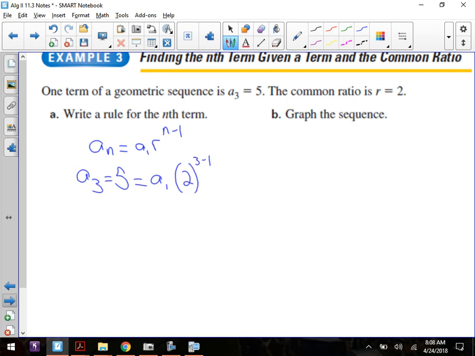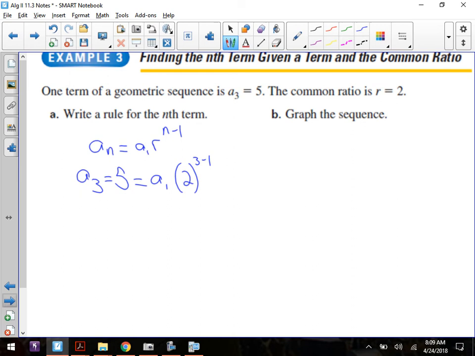Remember, the n value is represented by a 3, so everywhere I see an n, I put 3. The nth term is 5. That's why I say that a sub n is now 5. So now you have to walk backwards here to figure out order of operations. My brain says 3 minus 1 is what I should do first, and that is 2.